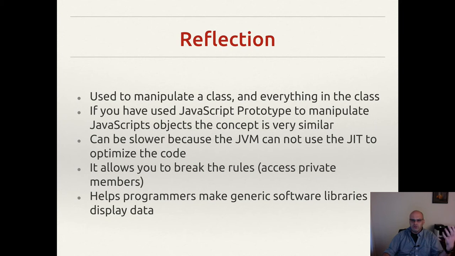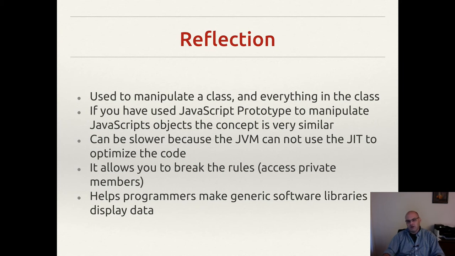Okay, so a couple of other footnotes. We can use this to look at classes and everything about them. We can use it to call methods. We'll see that. There's actually an invoke that allows us to call a method that we have associated with a class. It's important to note in general that this might be a little bit slower than some other types of statically typed code.